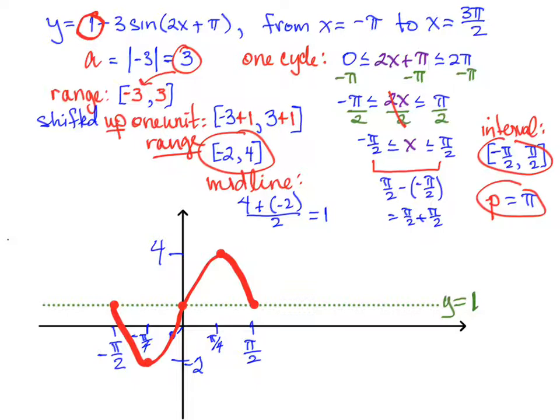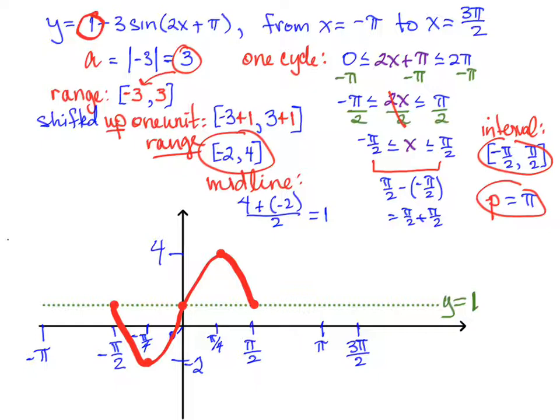So let's label our x-axis. We're going to go down as far as negative pi and up as far as 3 pi over 2. So there are a few more points. Our period was pi, right? Looks like my graph is still on the left, still got to go up a little bit.